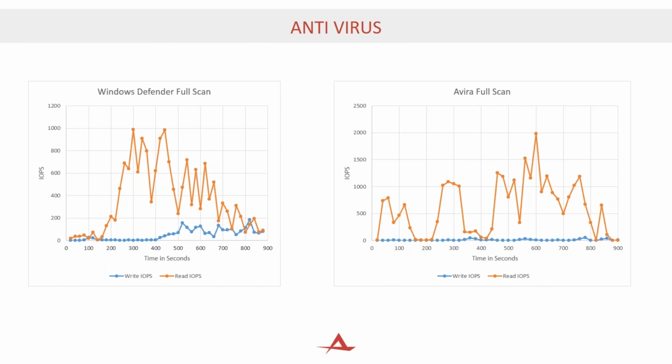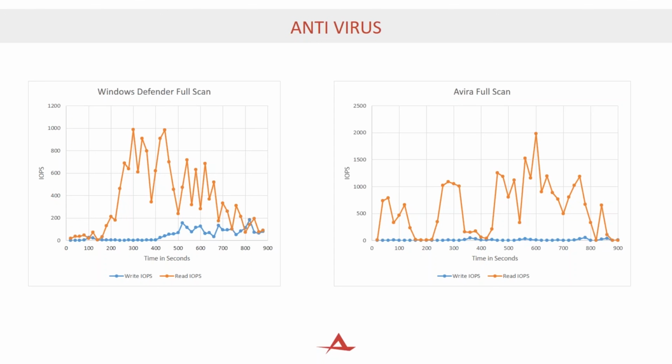Here is the antivirus scan, a full disk scan on a Windows 10 VM using two different AVs. First one is the default Windows Defender, and then the second one is disabling Windows Defender and then installing Avira. As you can see, antivirus has a major impact on your desktop environment.